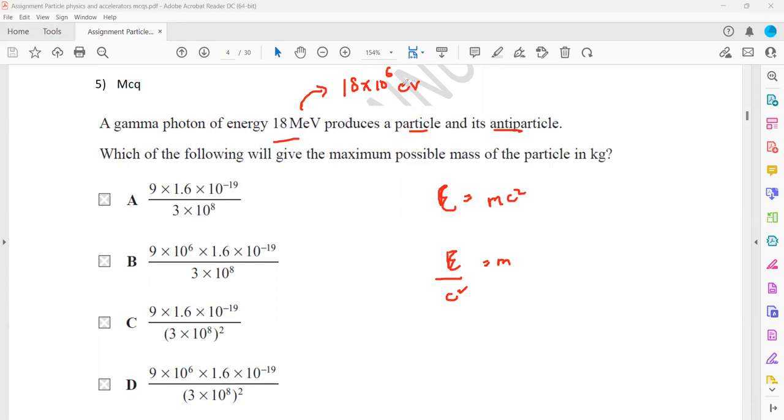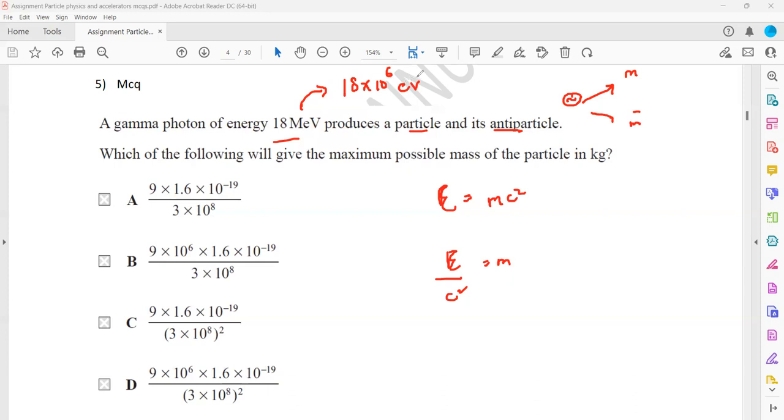But this is the total energy which is used to produce particle and antiparticle. If a photon produces one matter and another one antimatter, then not all 18 mega electron volt will be used for one.